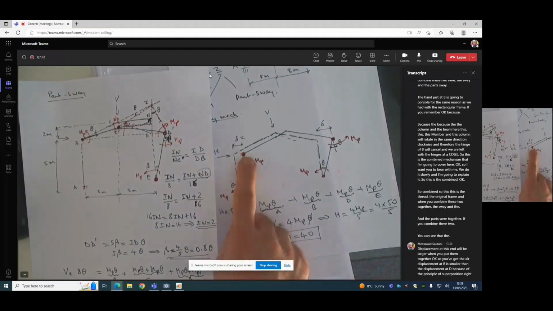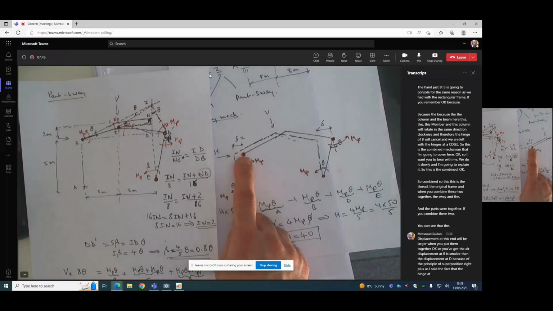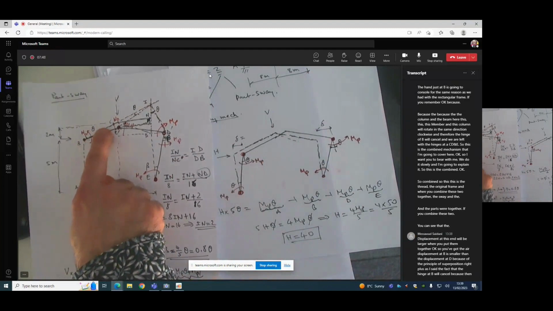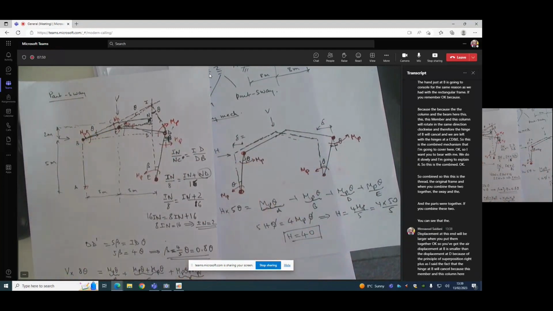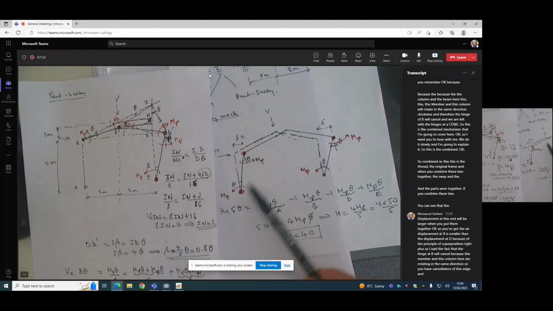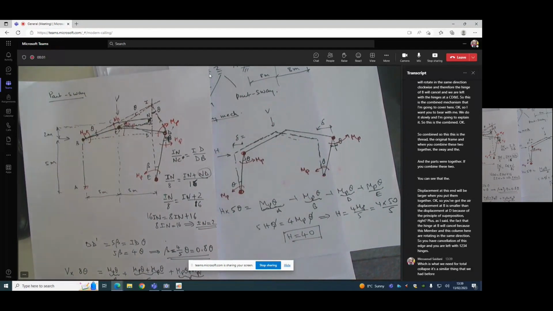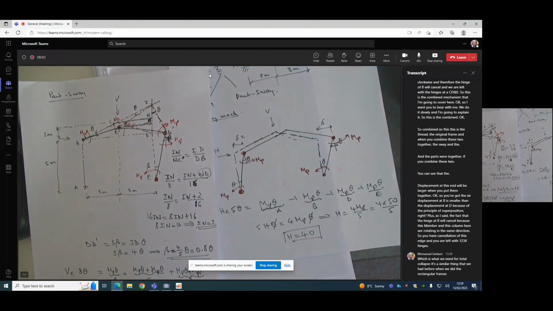Plus, the hinge at B will cancel because this member and this column here are rotating in the same direction. So you have cancellation of this hinge, and you are left with 1, 2, 3, 4 hinges, which is what we need for total collapse. It's a similar thing to what we had before with rectangular frames, when you do the combination.